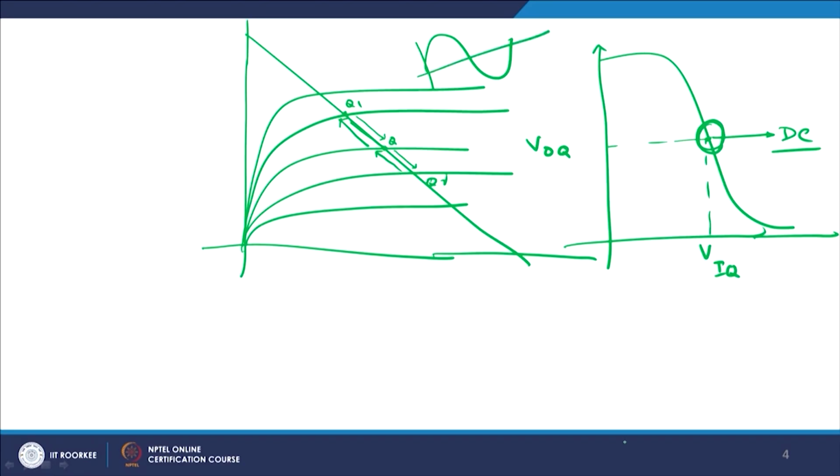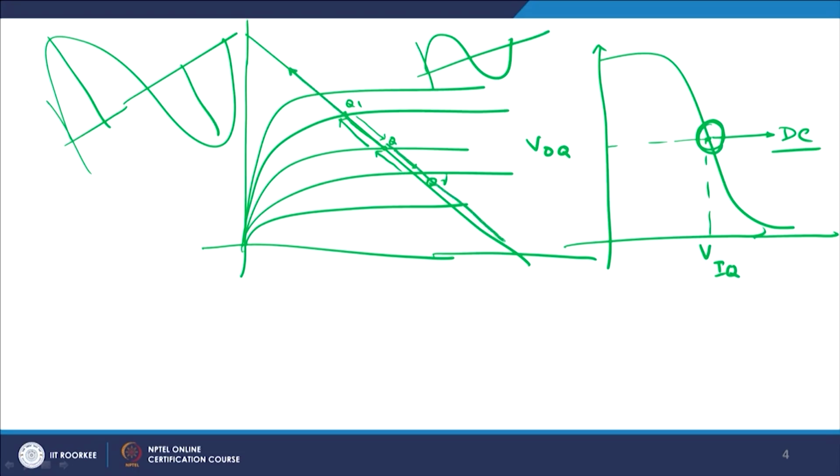But if this signal itself is a very large signal, this much peak to peak, then rather than going to Q1 it might actually go to this place or even go to this place, fine, you getting my point.